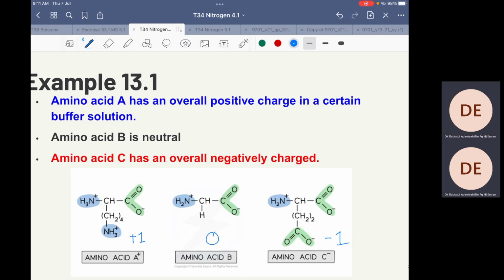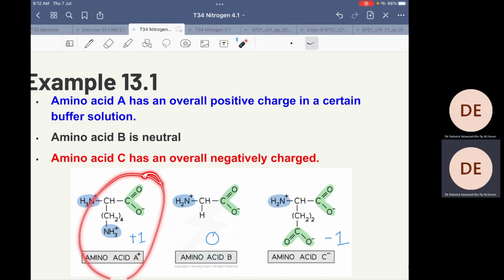Okay, so what happens if we mix amino acids A, B, and C, and then we are asked to identify which one is A, which one is B, which one is C. Thankfully, they all have different charges, so they will all move in different directions. Before we look at the electrophoregram, let's just talk about amino acid A. Will it be attracted to the positive or the negative terminal of the setup?